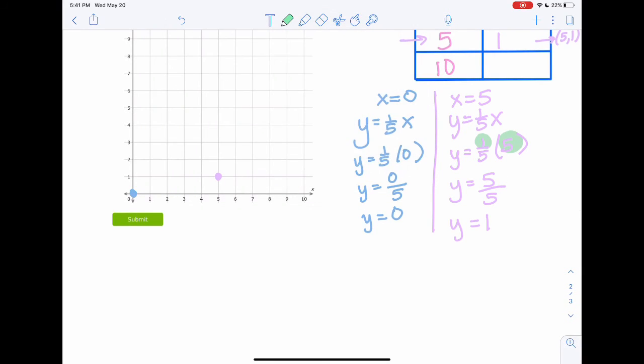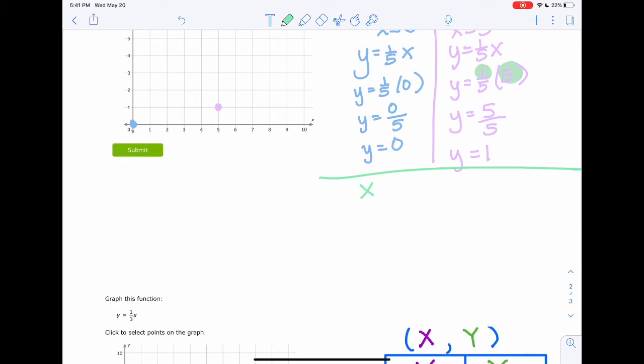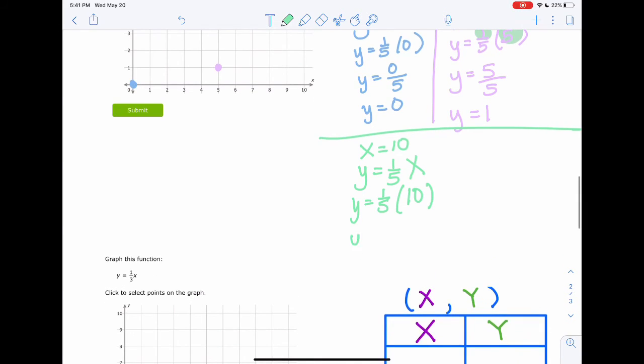All right, let's try it one more time. This time, x is going to equal 10. So x equals 10. I have my equation y equals 1/5 x. Y equals 1/5. I'm going to substitute or replace the x with 10. Multiply our numerator with our integer, we get 10. Divide by our denominator, which is 5. 10 divided by 5 is 2, so y equals 2.